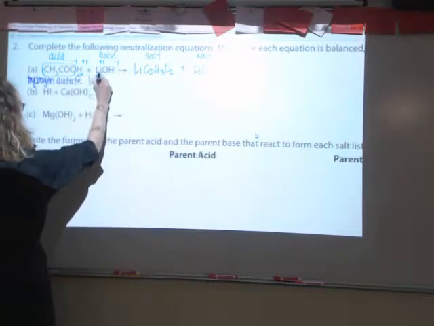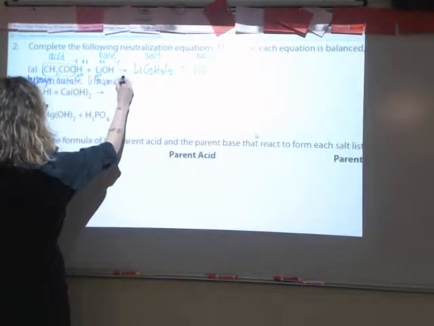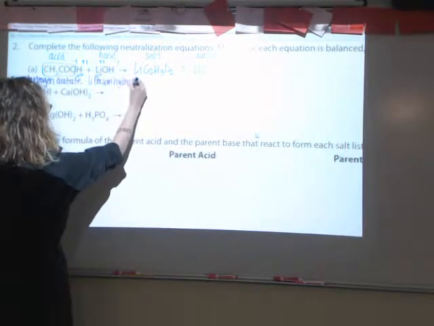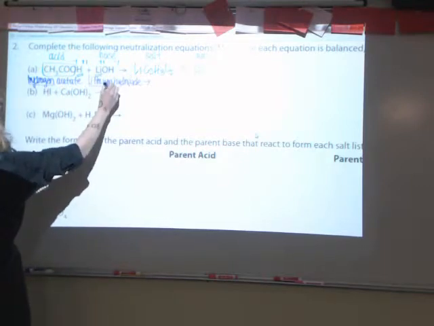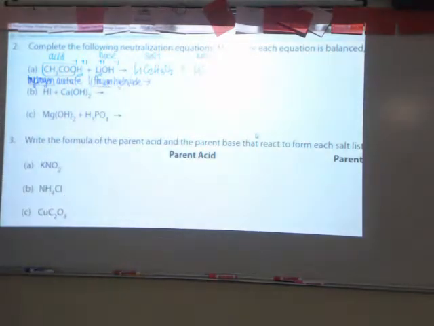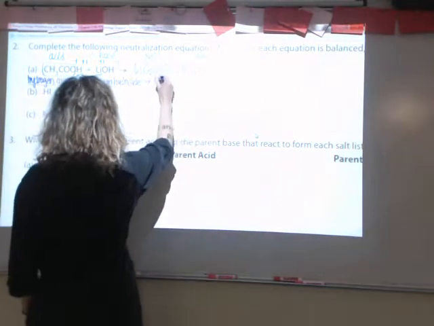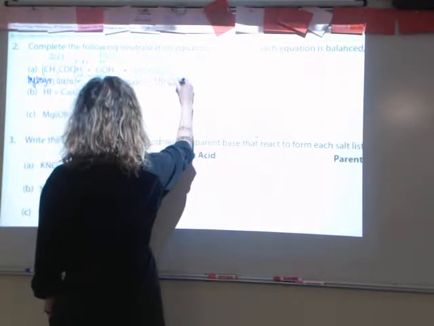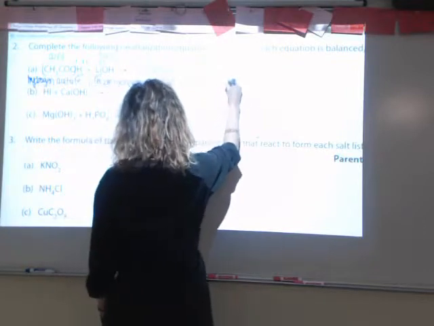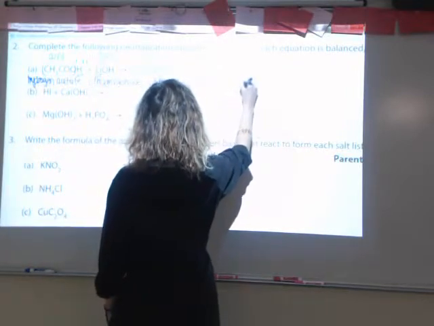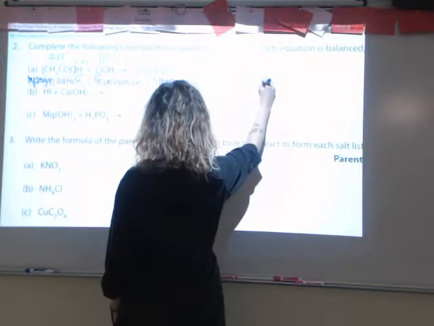followed by lithium hydroxide. The hydrogen and the lithium switch places because those are both my cations. I will form lithium acetate and hydrogen hydroxide. It doesn't matter to me if you write water as HOH or H2O.